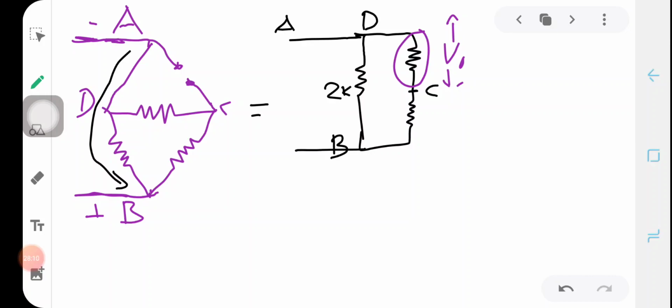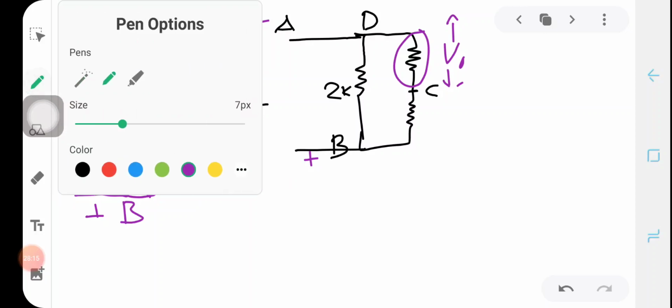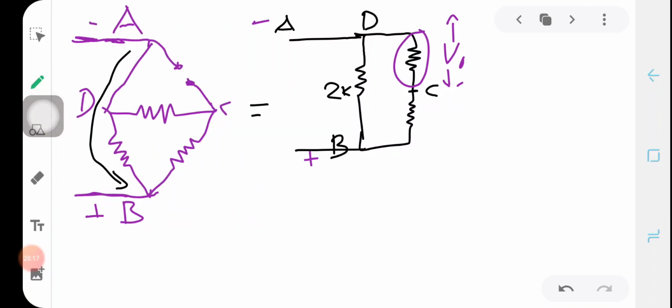Again across BD we have positive and negative, so I am going to represent the direction of the current by the red lines. So from B, current will reach the node B. At B it will divide towards the node D and towards the node C, and the current will flow here, and from here. So the red arrows represent the direction of the current through this circuit during the negative half cycle.